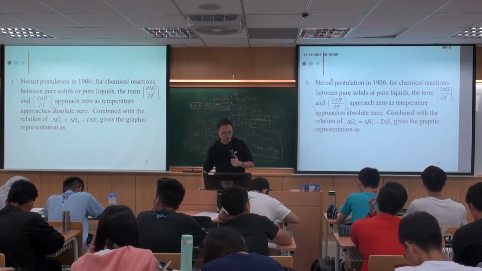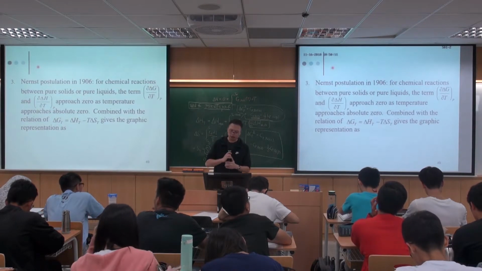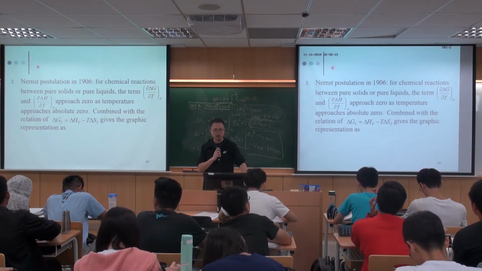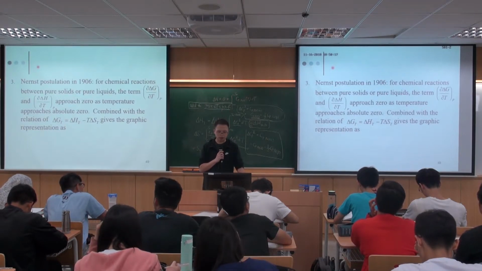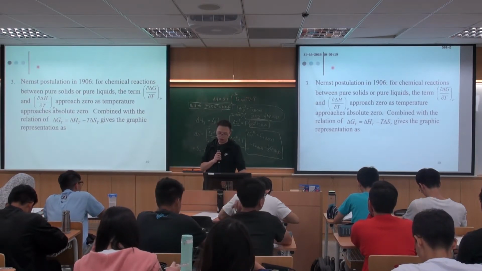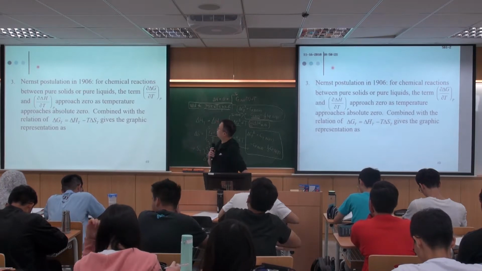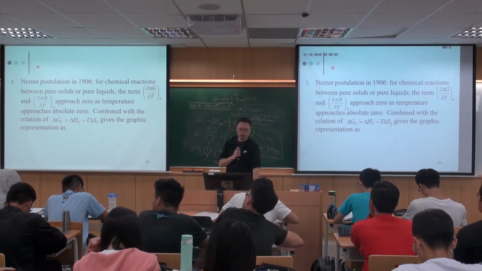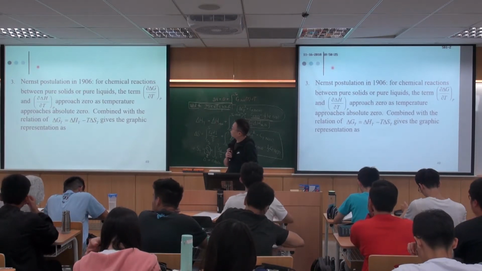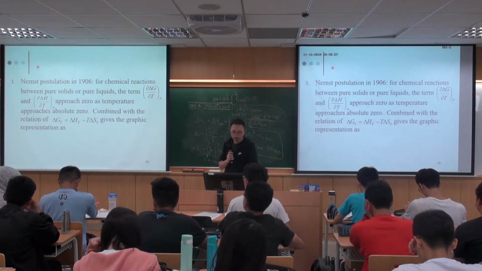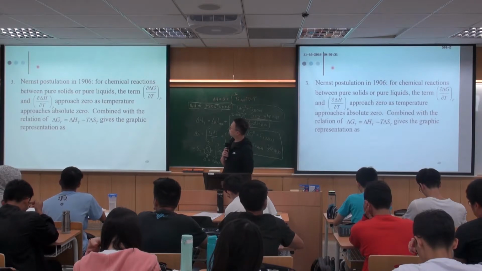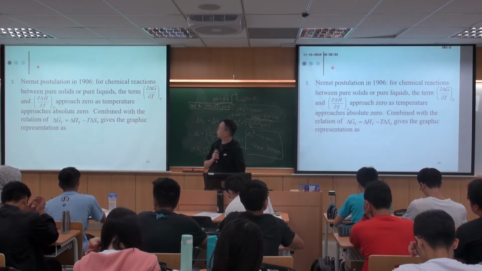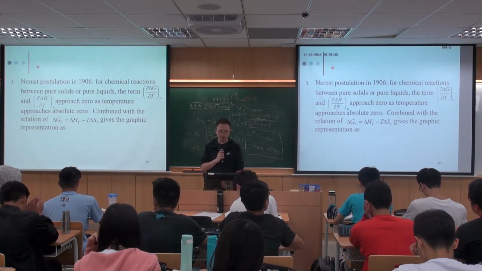So Nernst, a chemist back in the early 20th century, postulates that for a chemical reaction between pure solids or pure liquids, the slope of the Gibbs free energy as a function of temperature, and also of the formation heat, or the enthalpy change, as a function of temperature, should approach 0 as the temperature approaches 0 Kelvin.